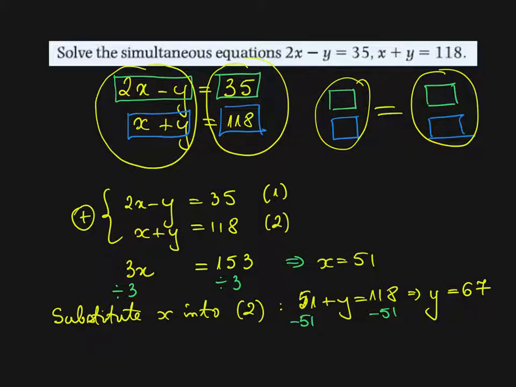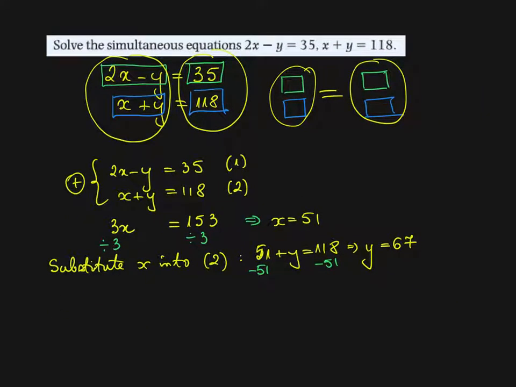So my solution is x equals 51, y equals 67. I need to check by substituting both into the first equation, which is 2x minus y is 35.